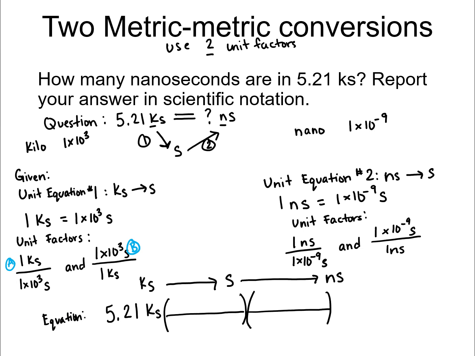Are we going to use A or B if we're trying to go from kiloseconds to seconds? We use B. It has kiloseconds in the denominator, and that's what will cancel out kiloseconds for us.